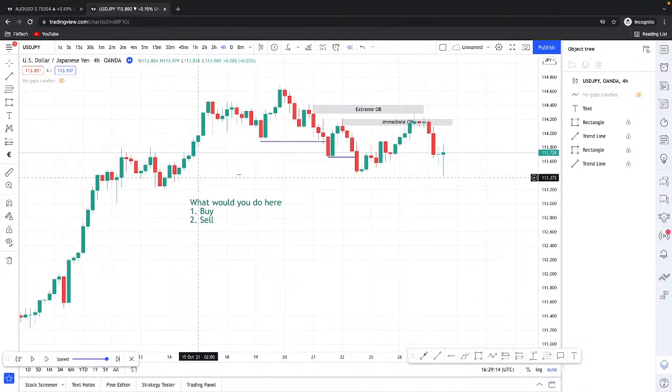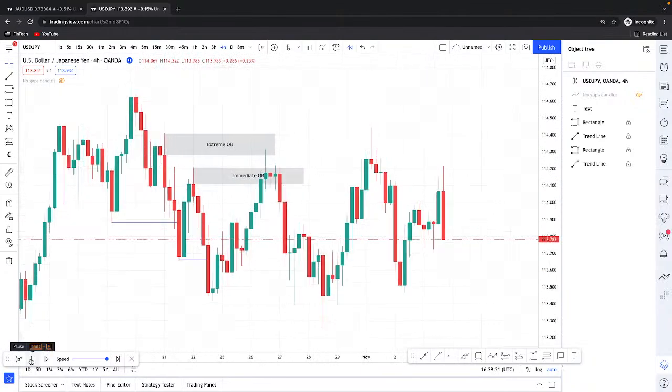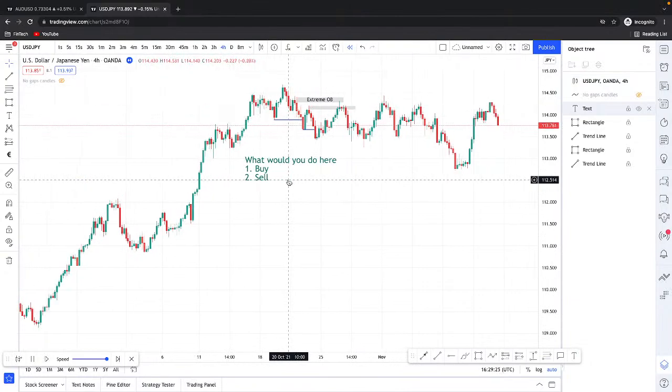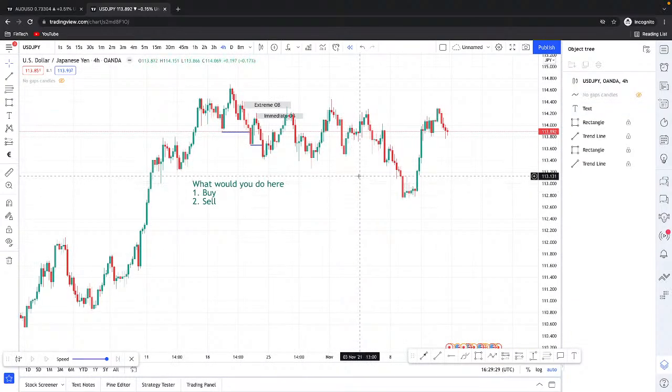So yeah, this is about the thing, but it just reversed from there, I think. Yeah, we're still actually bearish here. We broke this structure. And we broke above this as well, and this too.